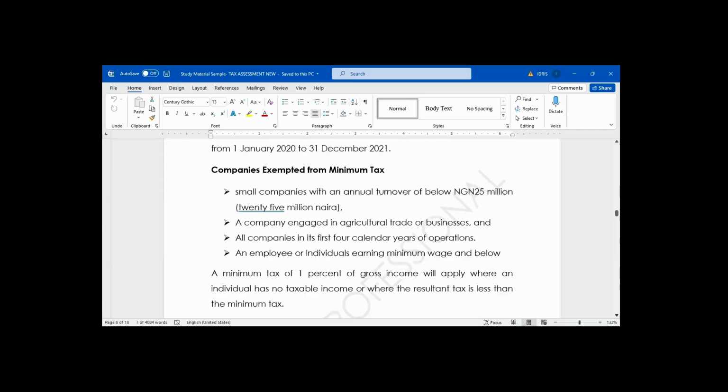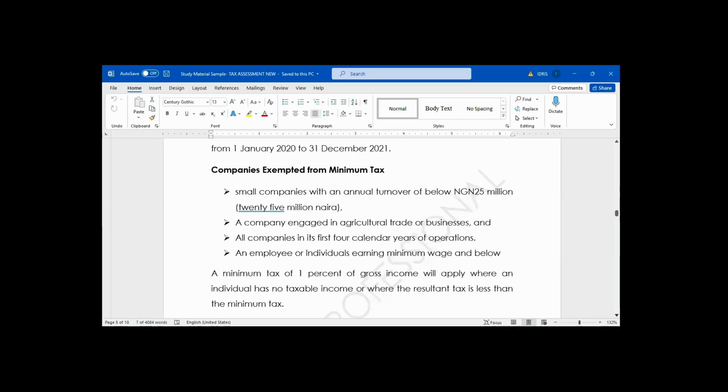For an individual or employee earning minimum wage or below, they will not pay minimum tax. We should have it in mind: in the new tax law, there is no more minimum tax.